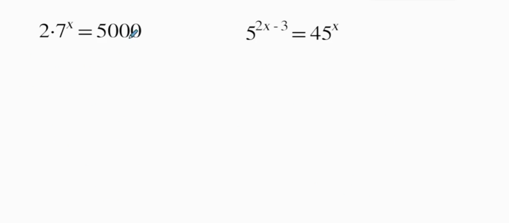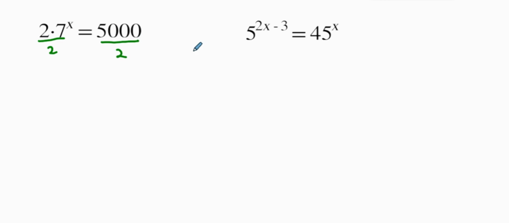So let's look at 2 more examples here that are going to highlight a couple other little features as we work through this. As of right now, based on what I've talked about with logs and what I would expect of my students at this level to do, we have to get rid of any multipliers that we see out front of our exponent factor. So I'm going to divide both sides by 2.